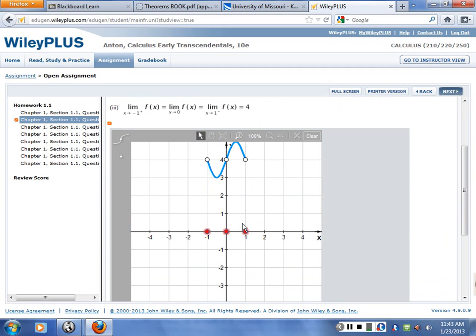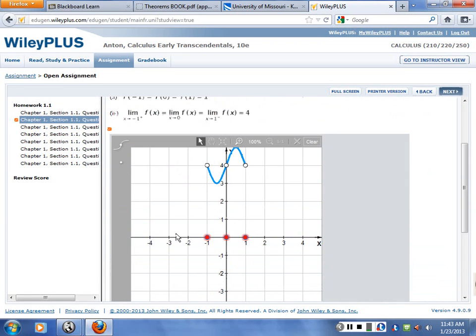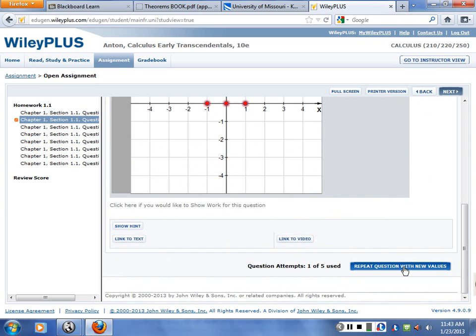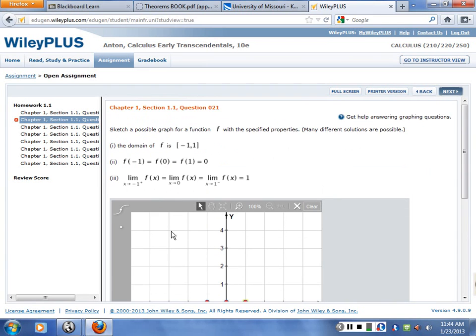And I was off on my points. So let's repeat with new values. The value of the function at -1, 0, and 1 is 0. The function is defined.